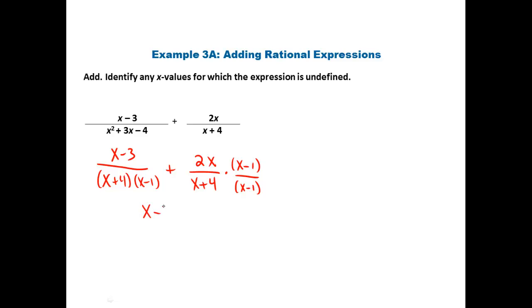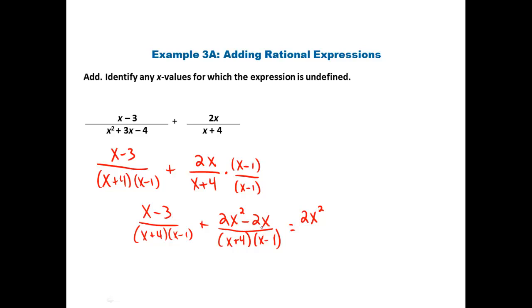So this is x minus 3 over x plus 4, x minus 1, and then this becomes 2x squared minus 2x over x plus 4, x minus 1. Now that the denominators are the same, we can go ahead and add the numerators, adding our like terms. The 2x squared stays.